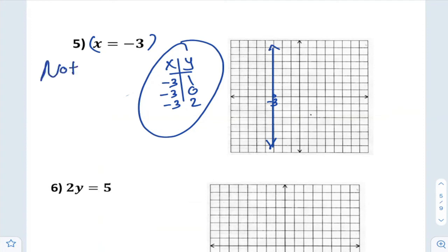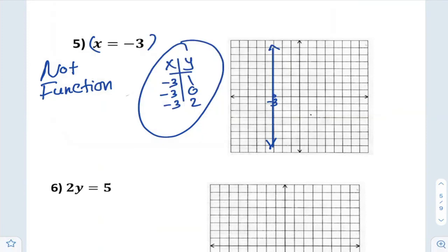This is the only line that does not represent a function. As you may have studied before, there is a tool called the vertical line test. Vertical line test means what?